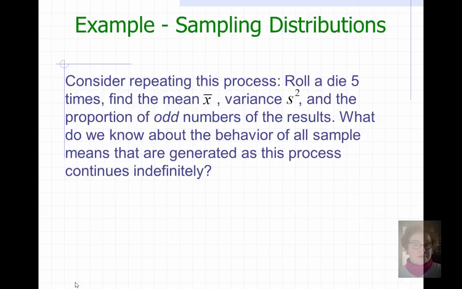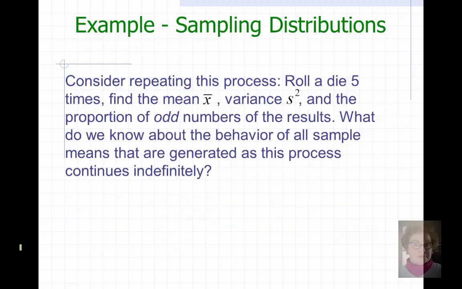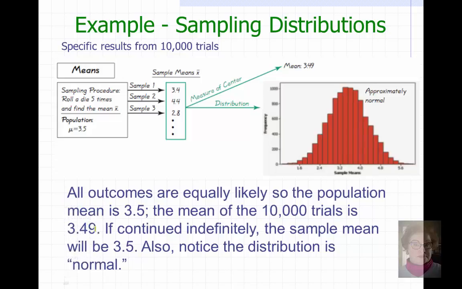So again, here's an example that we might do. We might roll a single die 5 times and find the mean and the variance of the proportion of odd numbers of the results. And what do we know about the behavior of the sample means that are generated by this process? Well, if we look at the sample means, we're going to get some values.